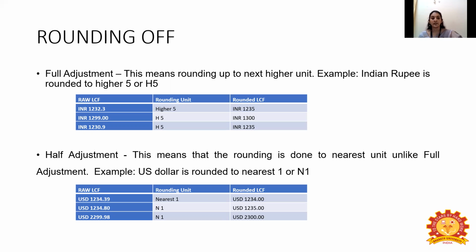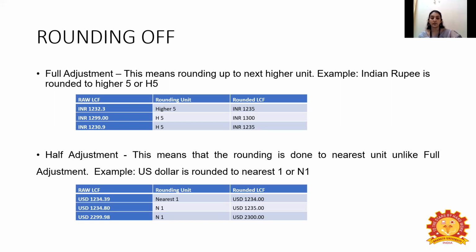So in India, the rounding is in multiples of 5: 5, 10, 15, 20, and so on. Another example, 1299.00 becomes 1300. Not plus 5 from that value, but multiples of 5: 35, 40, 45, 50, like that. In that case, 1230.9, normally when we round it off, we can make it 1231.